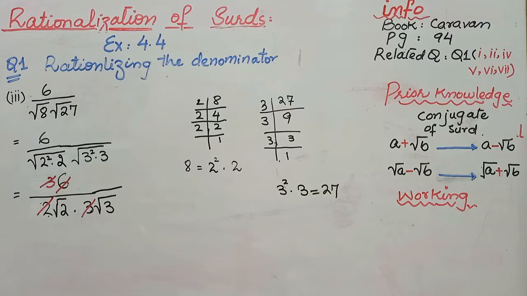So the remaining will be 1 upon under root 2 into under root 3.